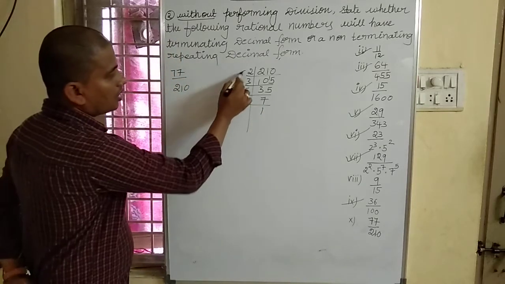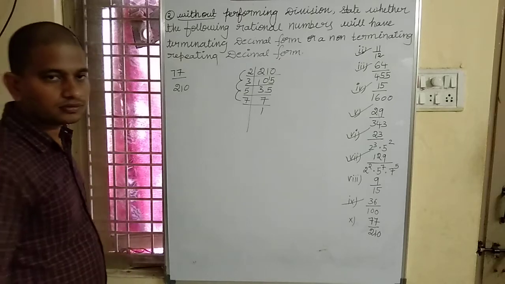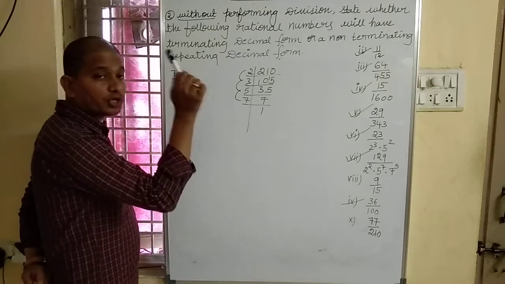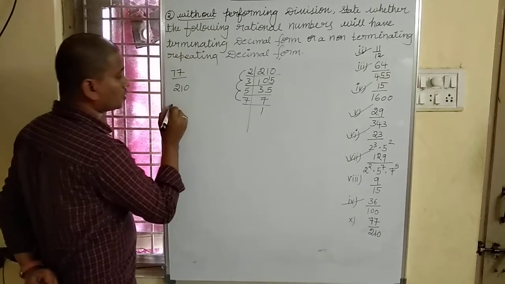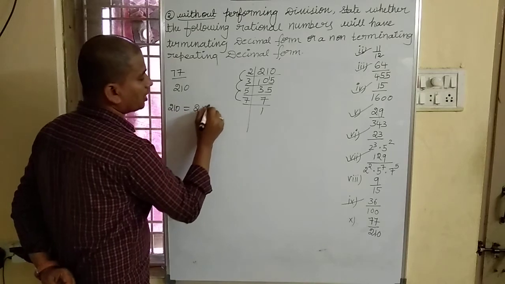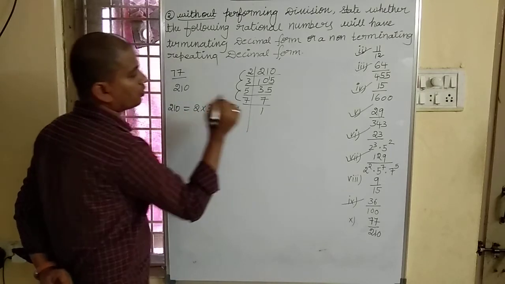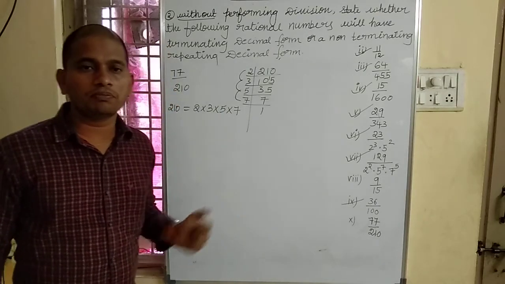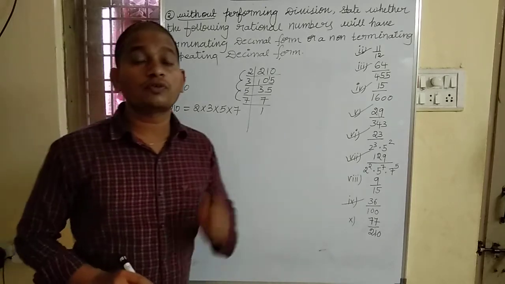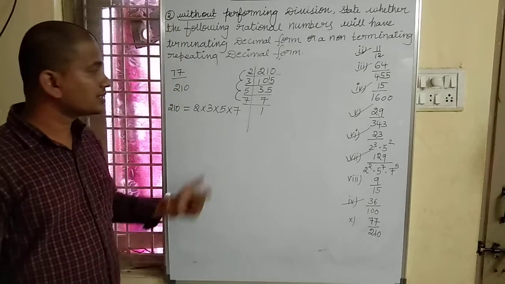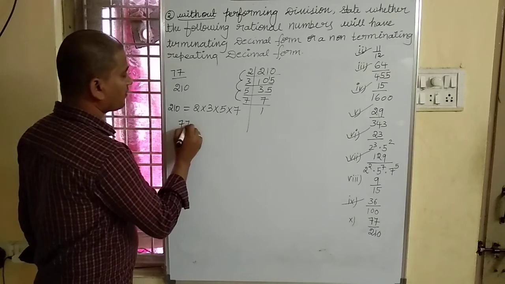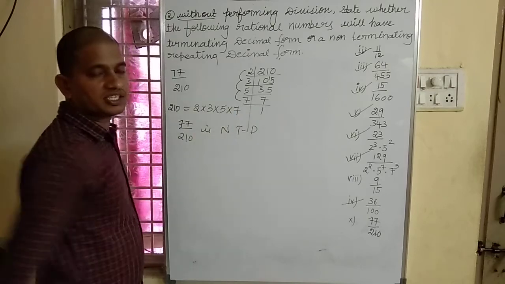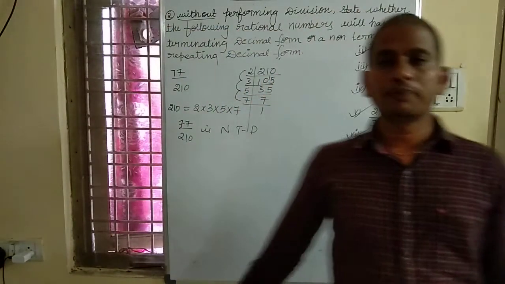See, all are different prime factors. So 210 I can write as 2 into 3 into 5 into 7. Is it in the form of 2 power n into 5 power m? No, it is not. Hence 77 by 210 is a non-terminating repeating decimal.